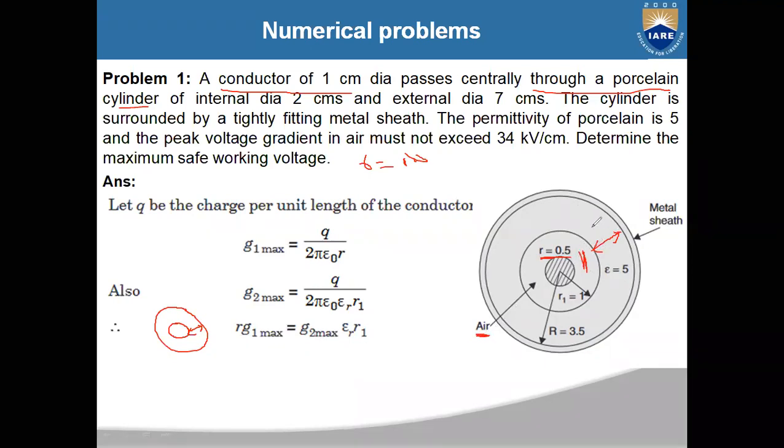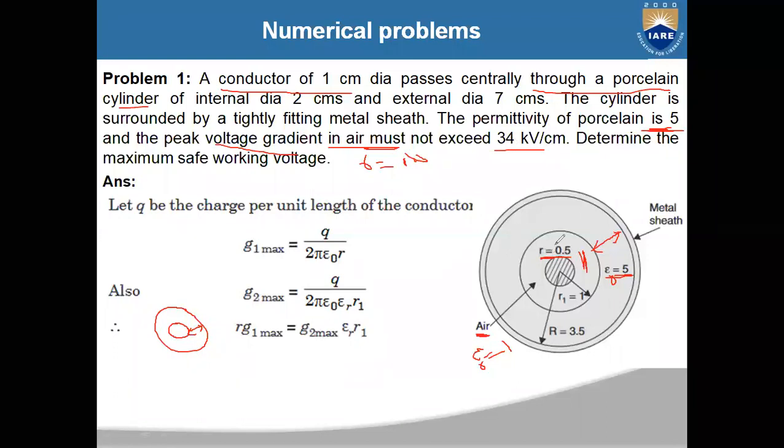Your porcelain cylinder has a permittivity of 5. Epsilon r for porcelain is 5, and epsilon r for air will be 1. They also gave that the potential gradient in air must not exceed 34 kilovolts.